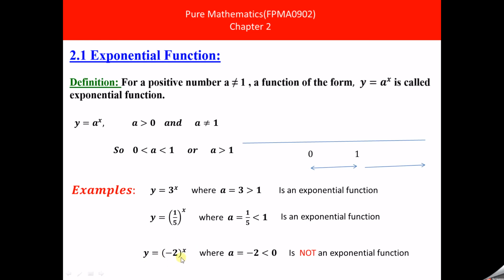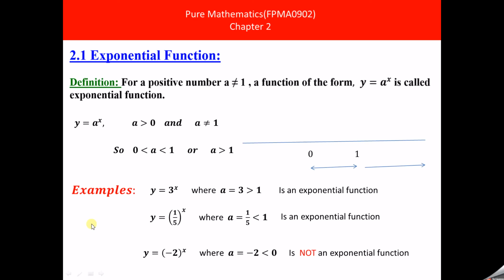Here the base a is minus 2. Minus 2 is less than 0, it is a negative number. Therefore, this is not an exponential function. For an exponential function, the base should always be positive and should not be equal to 1.